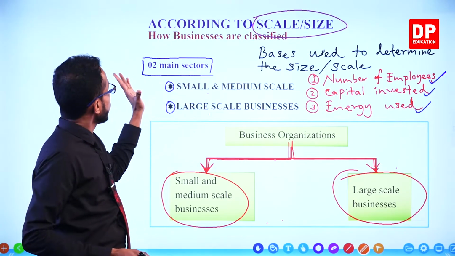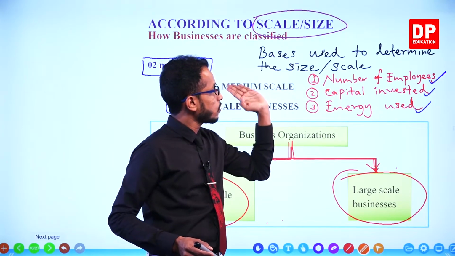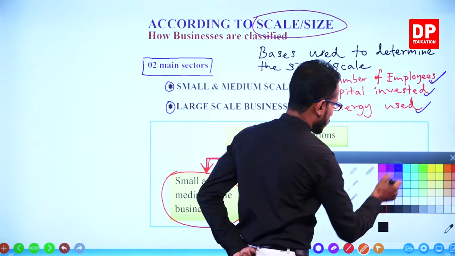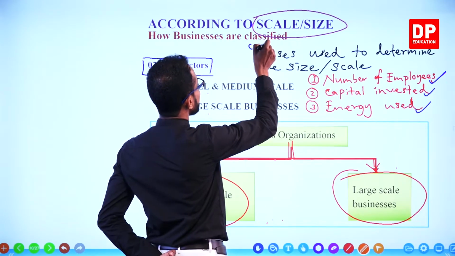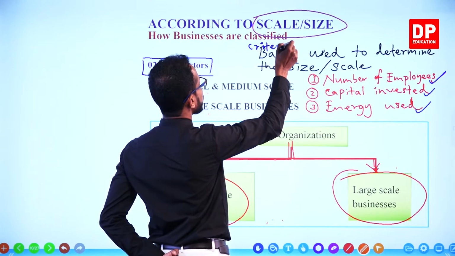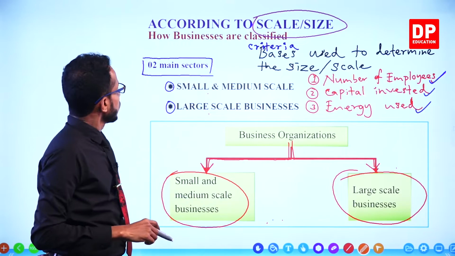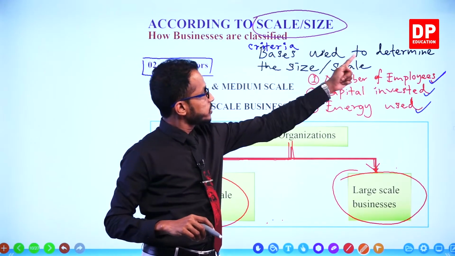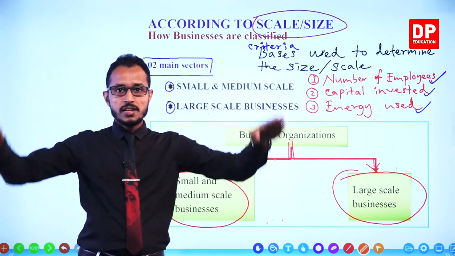Okay, so I told you that basis or criteria, I will use the other word, basis or criteria, are used to determine whether the business is a small scale or a large scale.